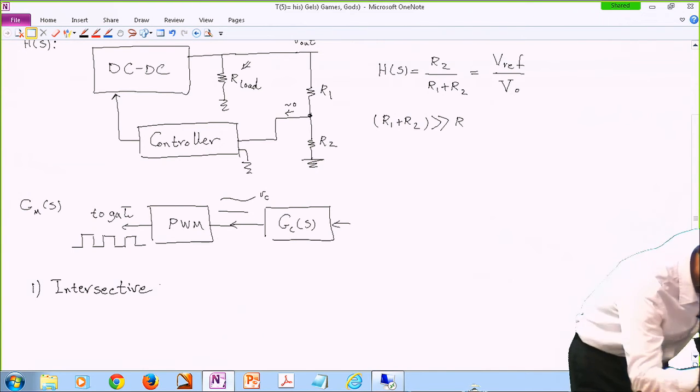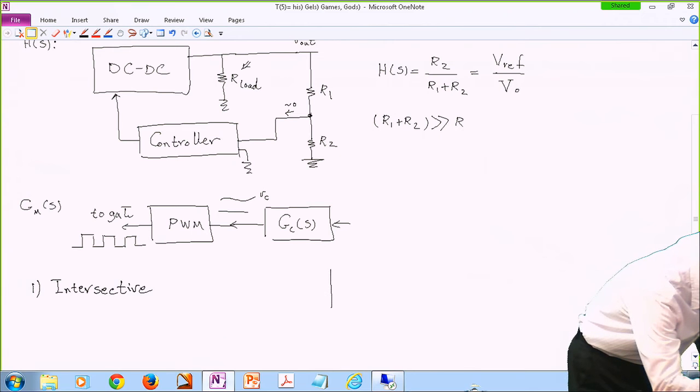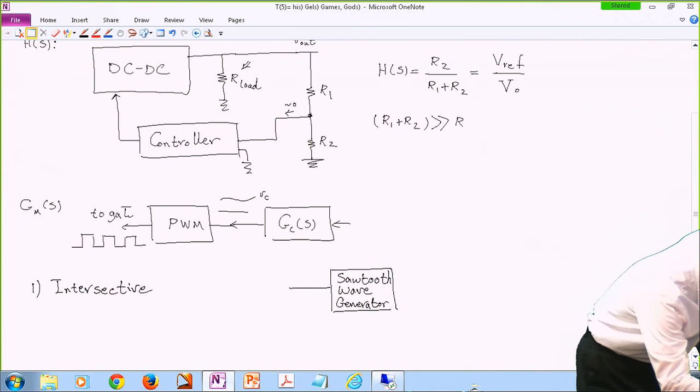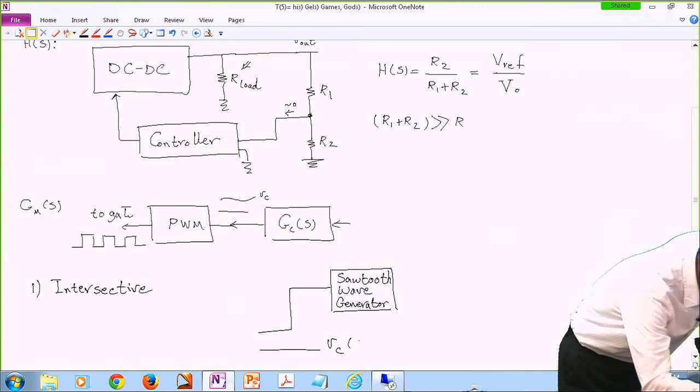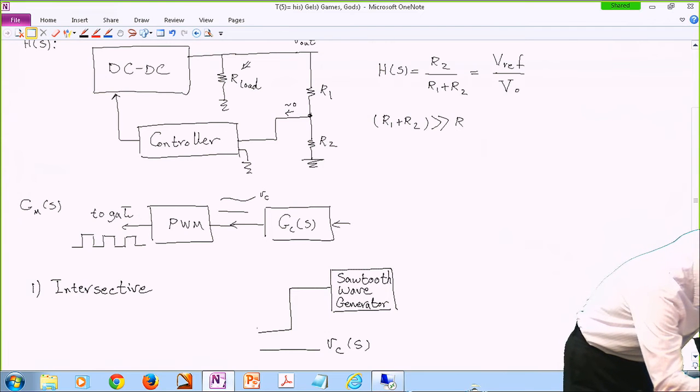So basically the idea is to create a sawtooth waveform, and this is VC coming from your compensation network, and then just compare them against each other.